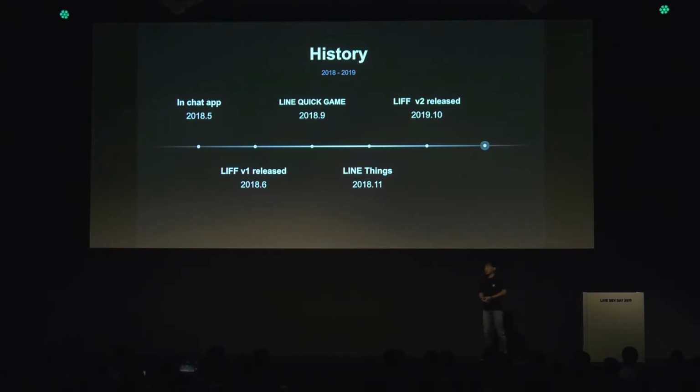In LINE Things, IoT applications using the BLE module, it is an environment where you can do development using LIFF. And this year, last month, LIFF version 2 was released. LIFF version 2, I will explain in detail in this session.